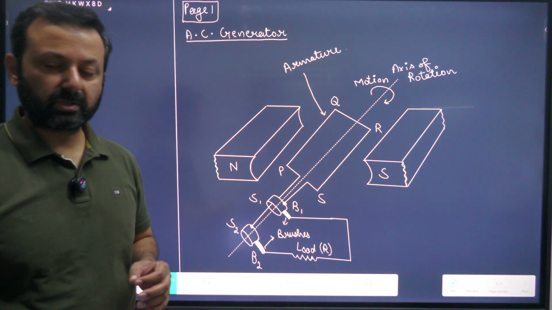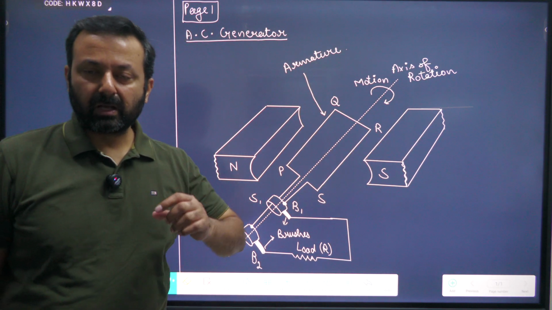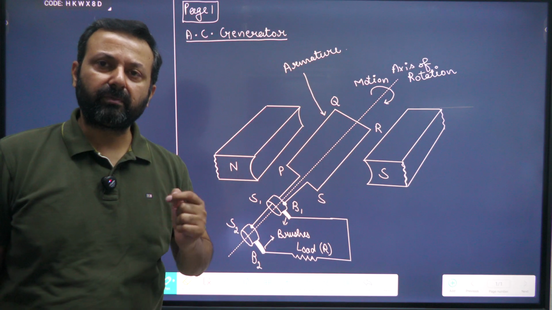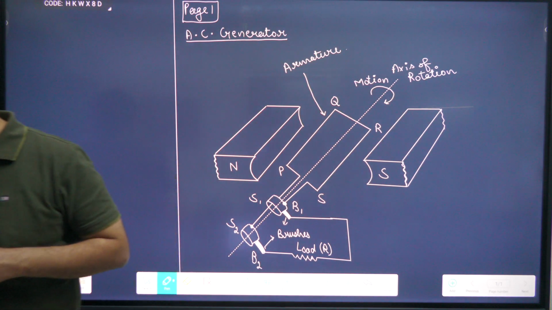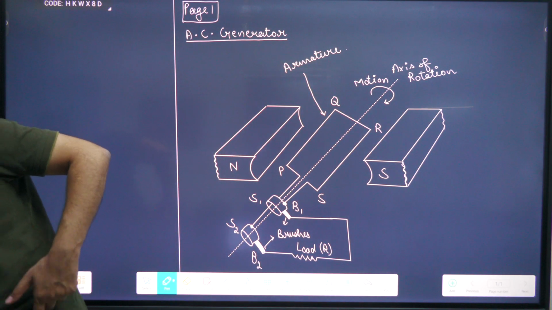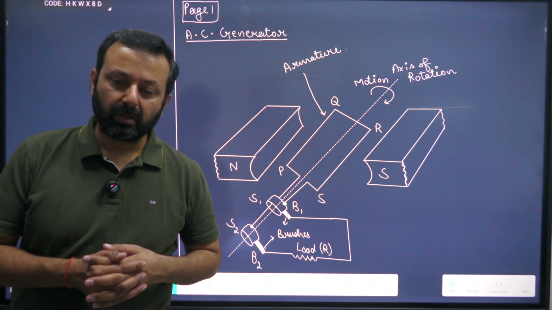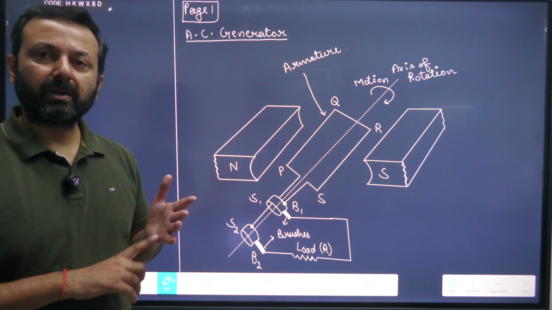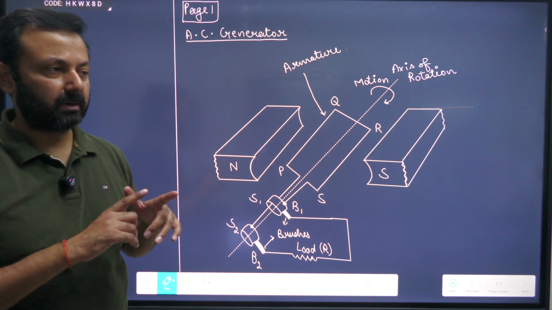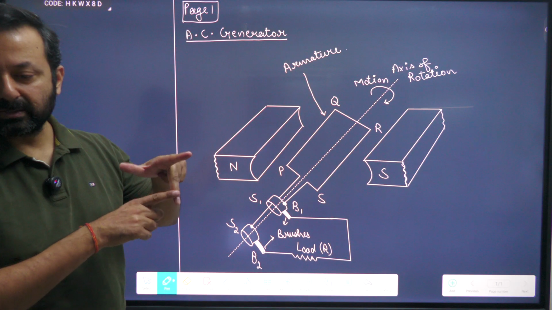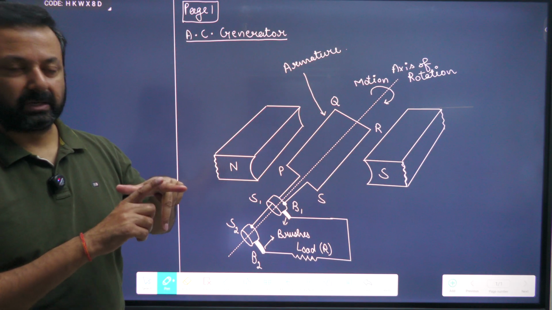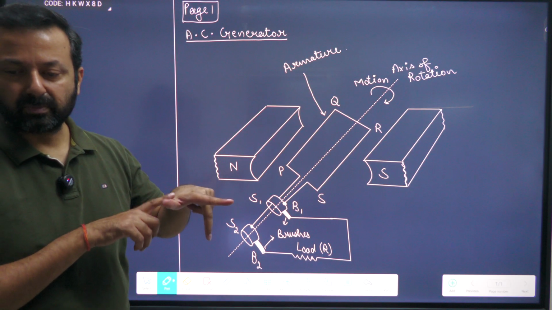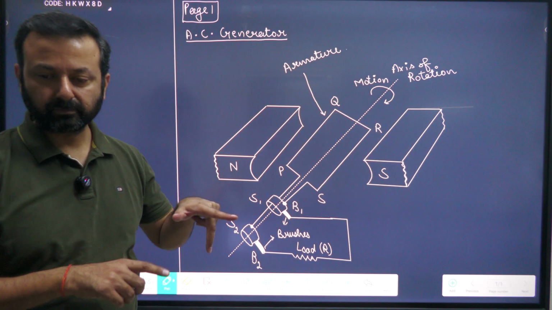And how does it produce it? We have studied Fleming's left hand rule. Current is represented by the central finger, magnetic field by the index finger, and force by our thumb.